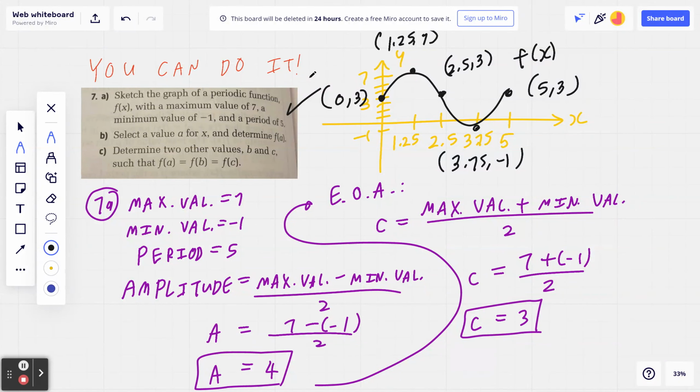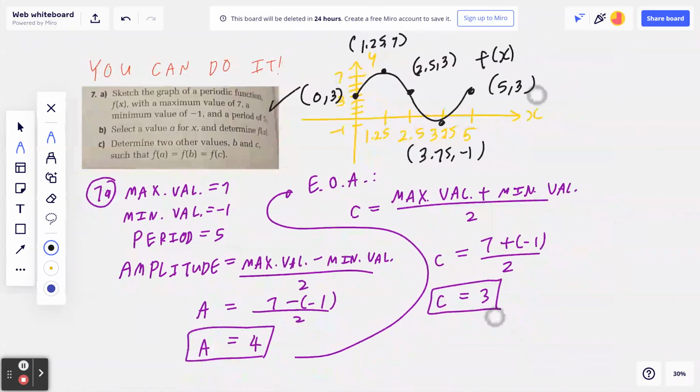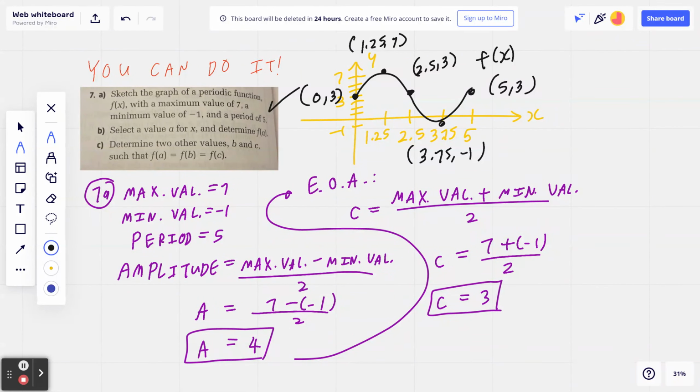Done. Part B, select a value a for x and determine f of a. So again, just like part A, there are infinite many cases because it depends on your choice of a.